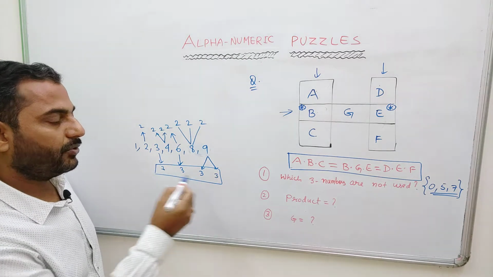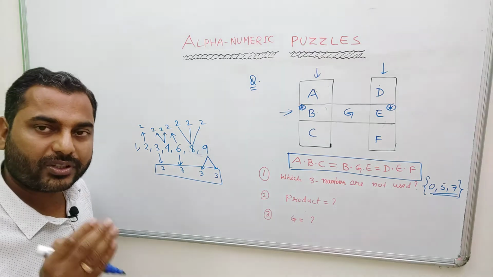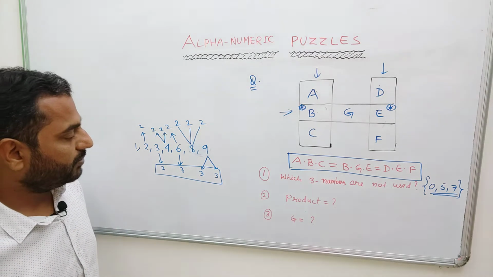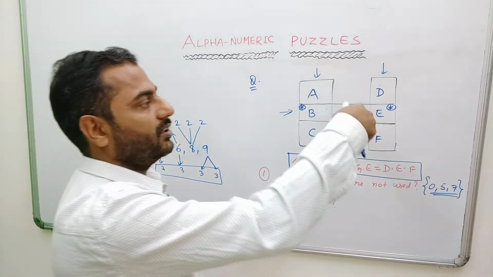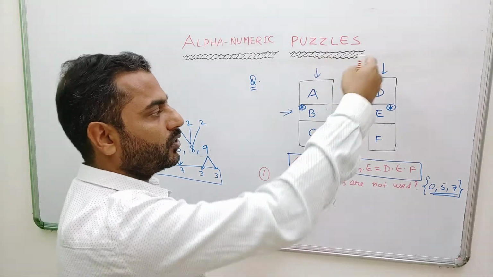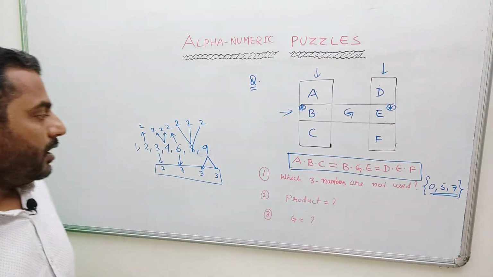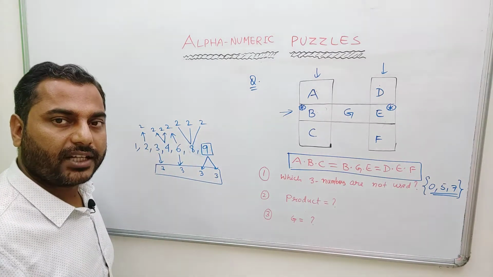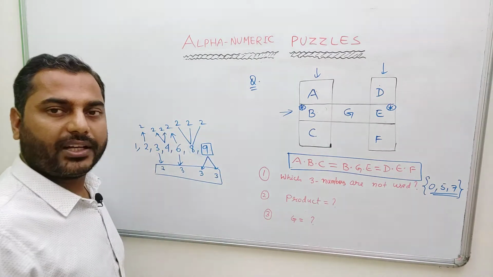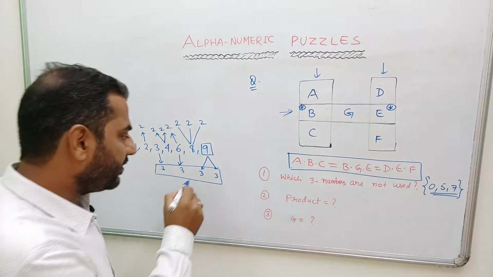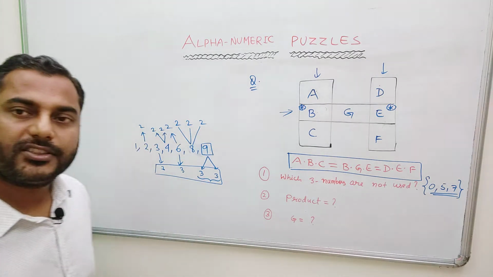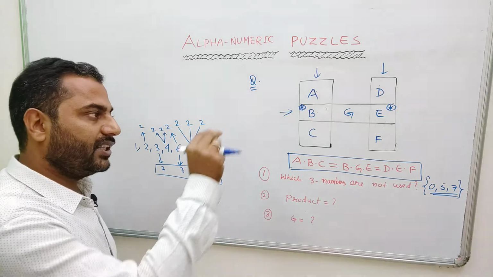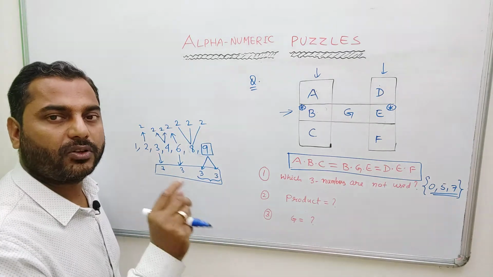We have four 3s in the given set of numbers, and we have 3 different places: 2 columns and 1 row. So at least 9 is going to be part of this. If I put 9 anywhere, it means every row and every column will definitely have two 3s. Yes or no? Two 3s are going to be part of every row and every column, right?